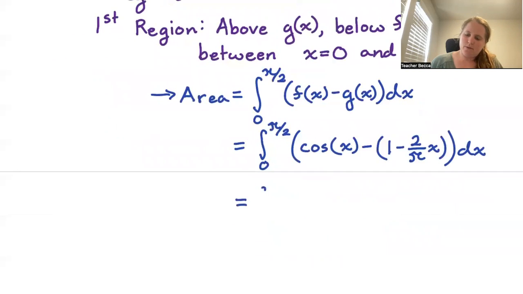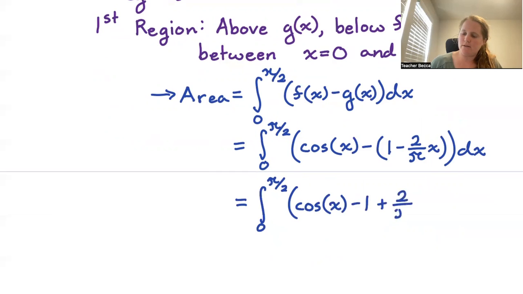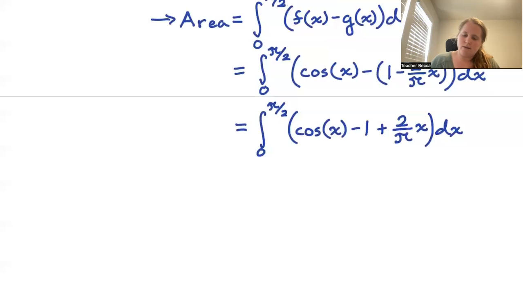So this is the integral from 0 to pi over 2 of cosine of x minus 1 plus 2 over pi x dx. That, of course, we know how to integrate.